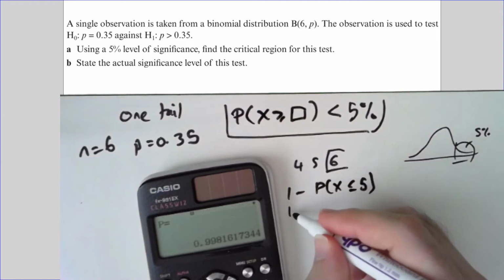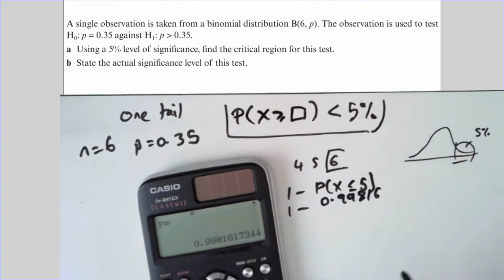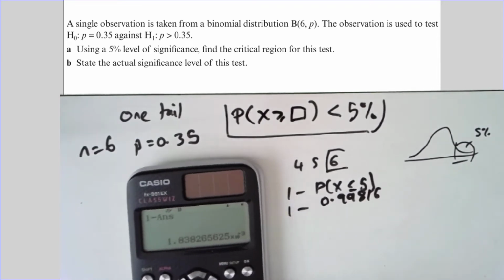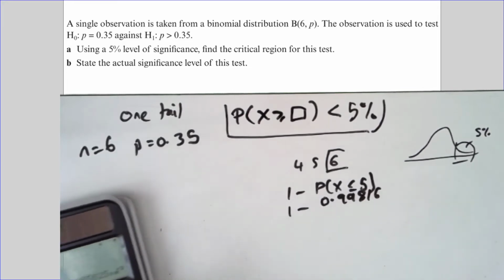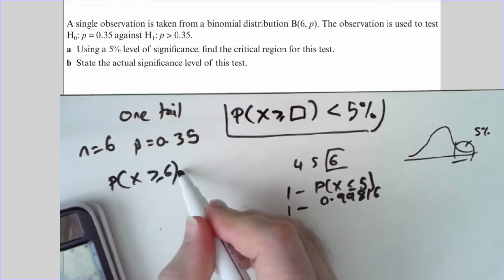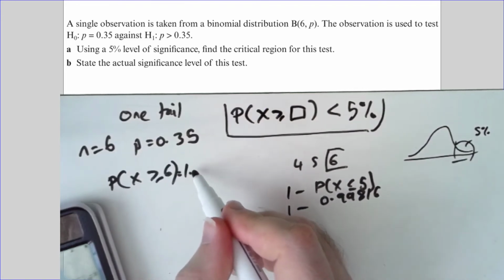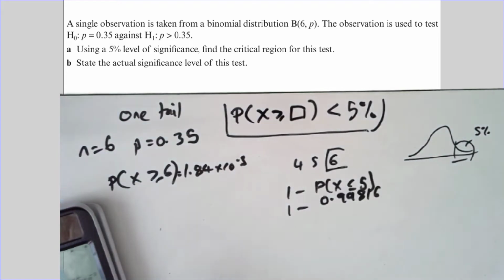So this is 1 minus 0.99816, which comes out to be tiny. This is very, very small. So we should start making a list. Probability x is greater than or equal to 6 is 1.84 times 10 to the minus 3.